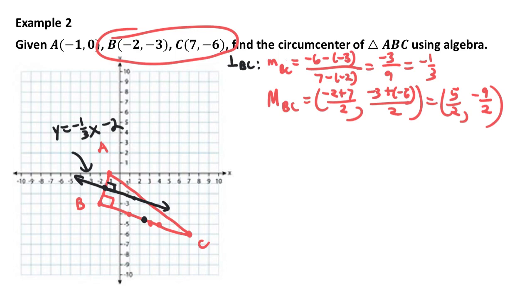We now focus on the perpendicular bisector. We know that it has a point that it shares with BC, and that would be the point 5 halves, comma, negative 9 halves. We know that its slope is going to be perpendicular to the slope of BC, so the negative reciprocal of the slope of BC, so 3.